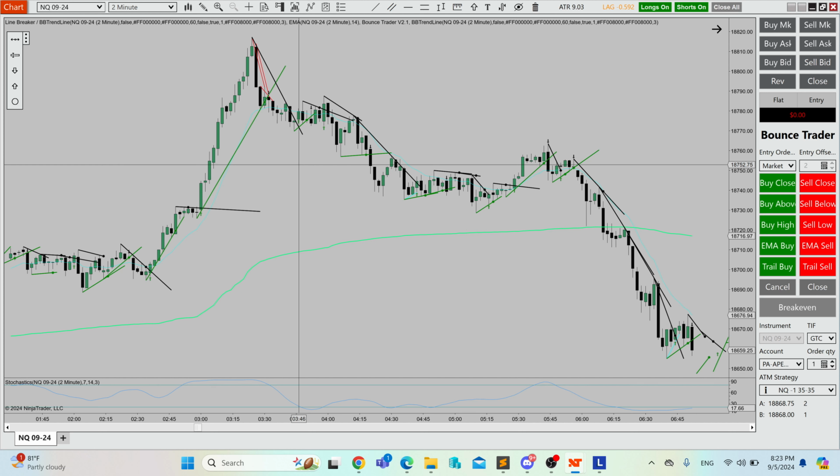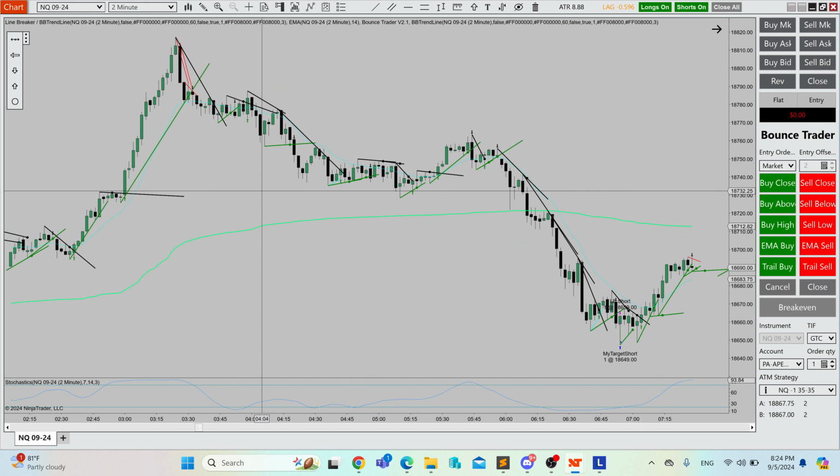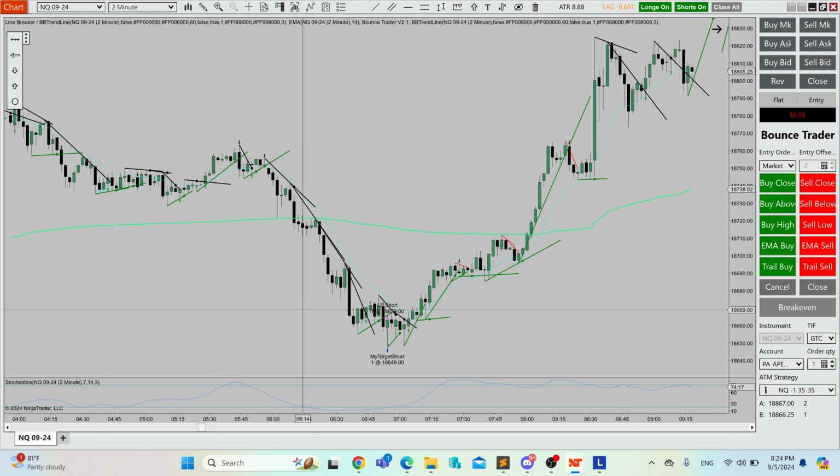If the price would be above this line, you would enter long. But in this case, it didn't come, so there was no long setup. Same thing here: if the price would close below this aqua line, you would enter short. Like right here, you would enter short, but you would probably get stopped out.